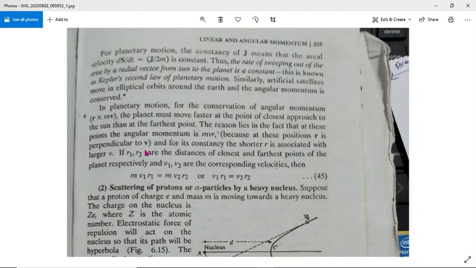If r1 and r2 are the distances of the closest and farthest points of the planet respectively, and v1 and v2 are the corresponding velocities, then mv1r1 equals mv2r2, or v1r1 equals v2r2. Okay, thank you.